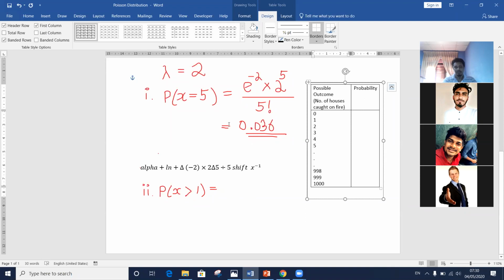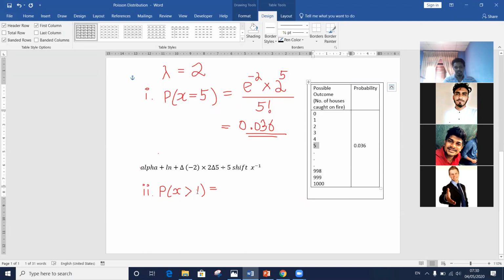And in part 1, what did we calculate? The probability value: the probability that exactly 5 houses catch fire is 0.036.